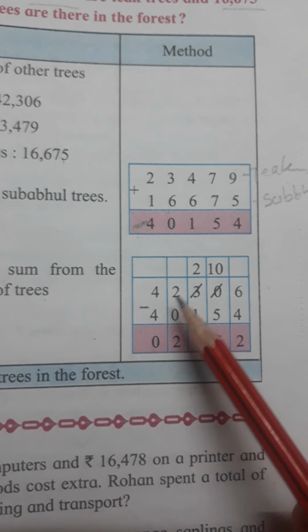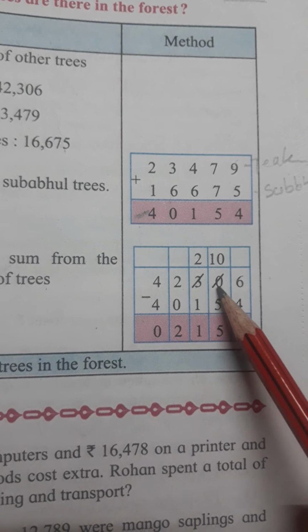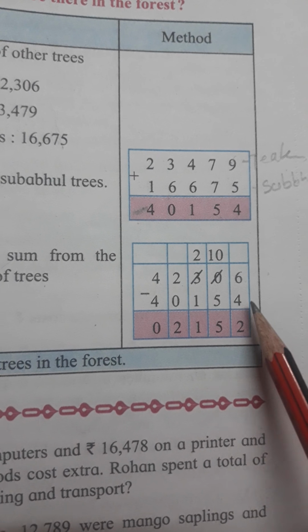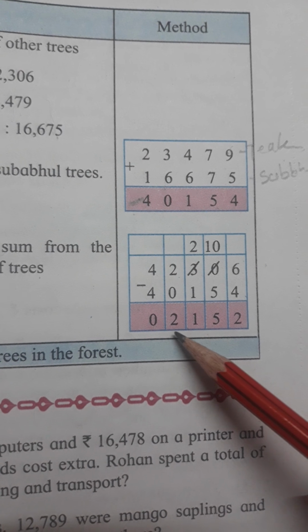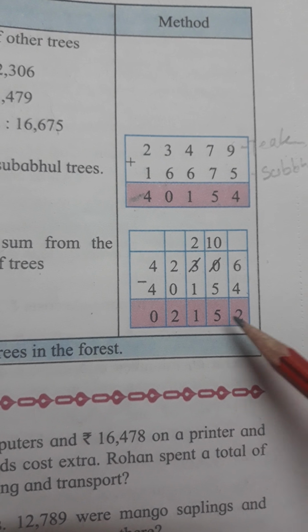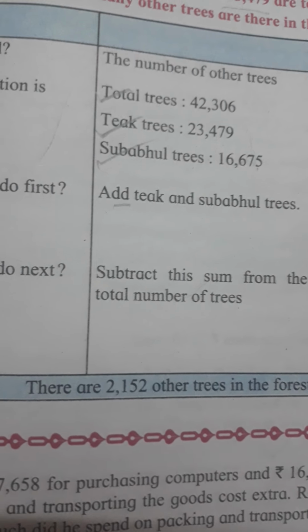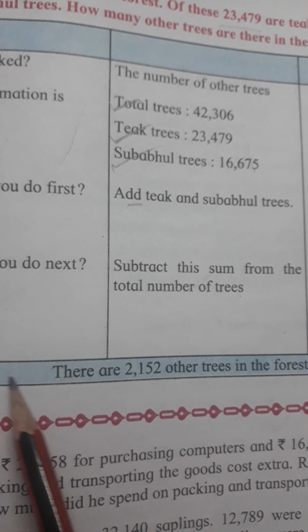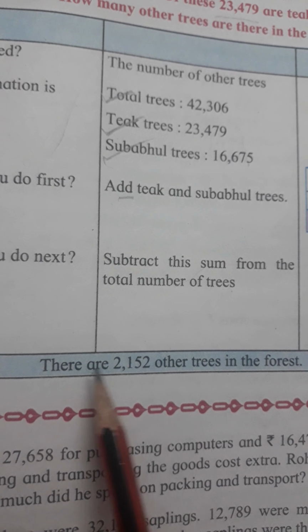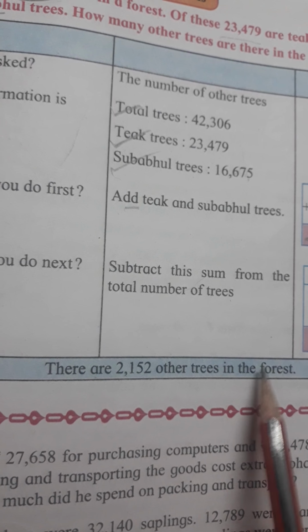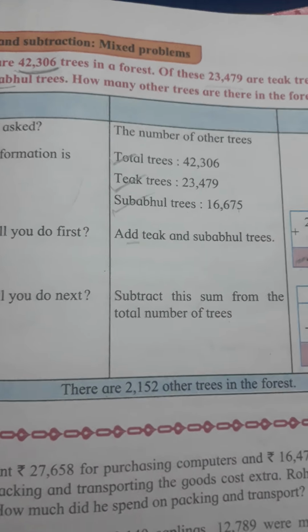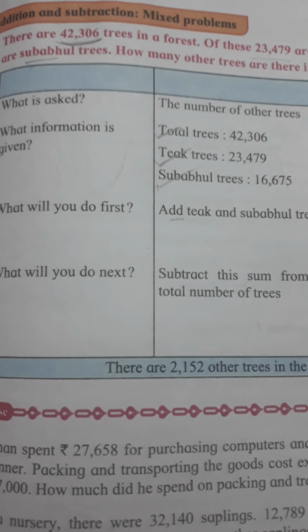Okay, so the total number of trees is 42,306 and teak and subbul trees are 40,154. Then after subtraction, what is the answer? 2,152 are other trees in the forest. So we will write the answer. There are 2,152 other trees in the forest. Understood, students?